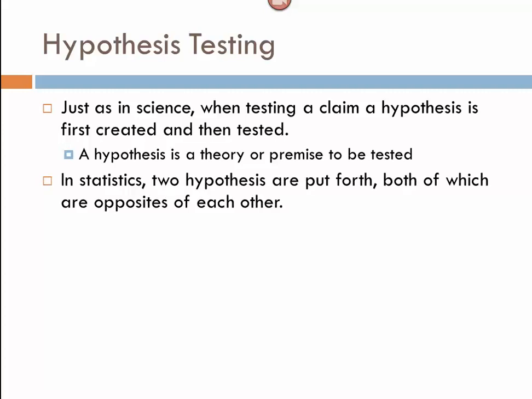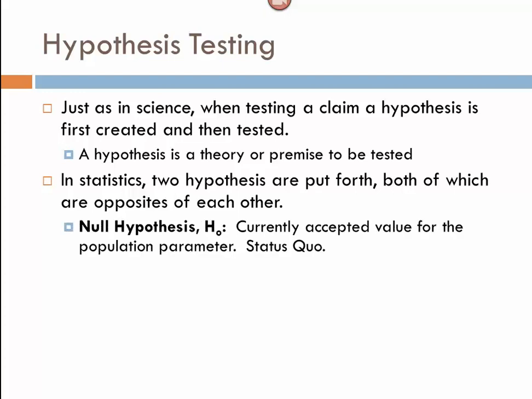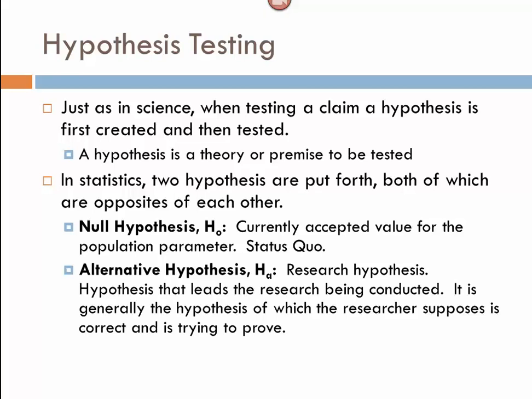In statistics, if we were going to do a test, we put forth two hypotheses, and both of these hypotheses are opposites of each other. The first one we call the null hypothesis, and the second one we call the alternative hypothesis. The null hypothesis is the current belief, the status quo about a population parameter.